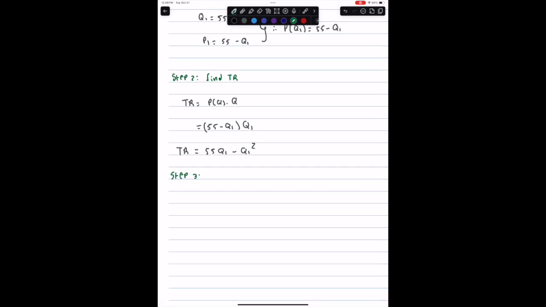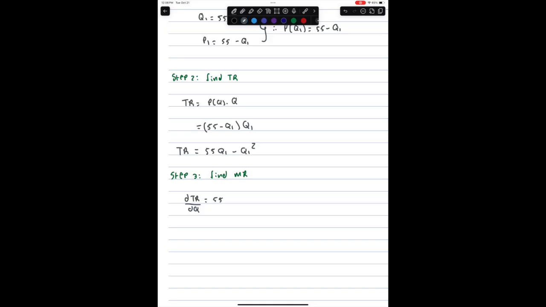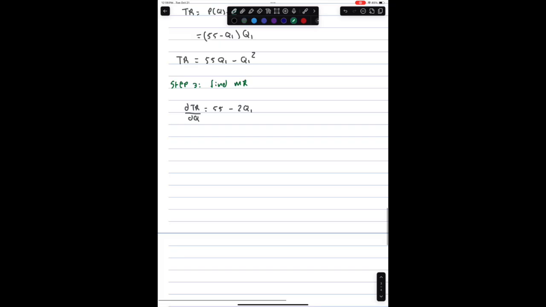Step 3, find marginal revenue. Marginal revenue is just the derivative of total revenue with respect to Q, which in our case is equal to 55 minus 2Q1. Perfect. Now we're going into step 4, which is find Q1 star, or the equilibrium point, by setting marginal revenue equal to marginal cost.